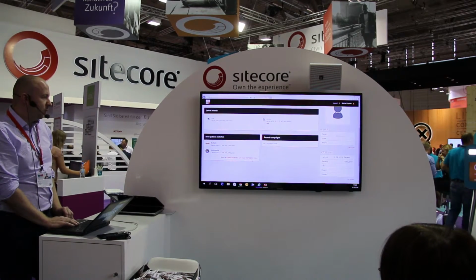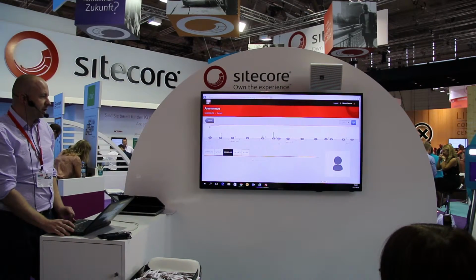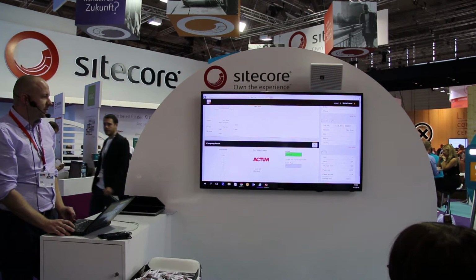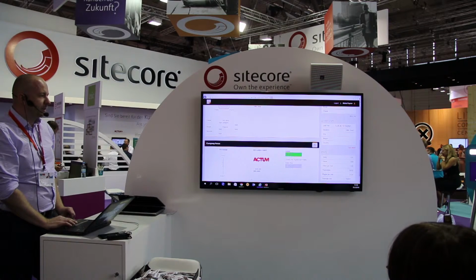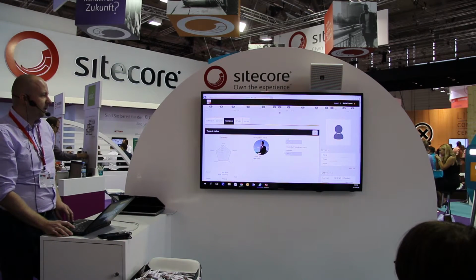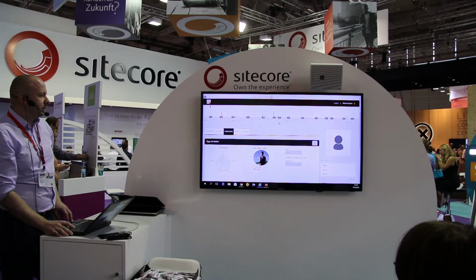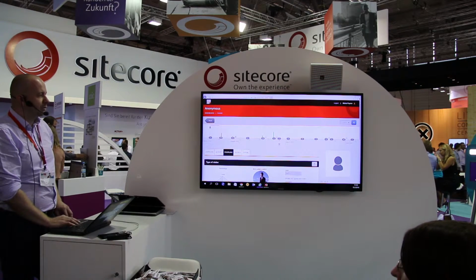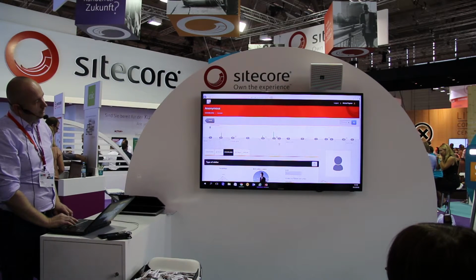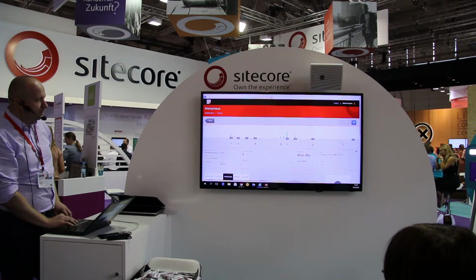We can see how they match the patterns which are set up in Sidecar. So see that, it is matching 100% with the ACTUM profile because it was visiting just the section about the ACTUM. It's not matched against the job seeker, and here you see all the interactions with the website. I can check that there were 9 interactions during this time.